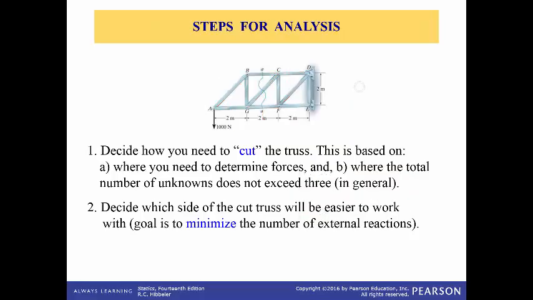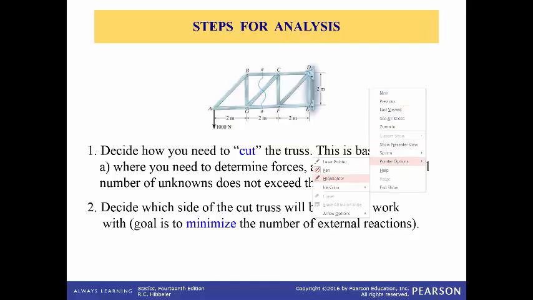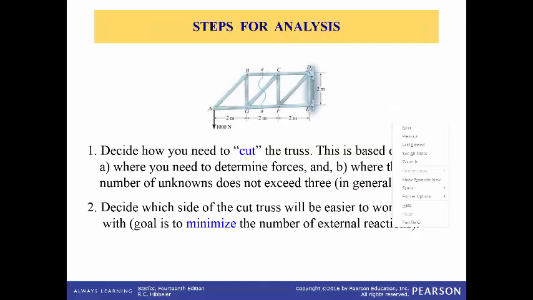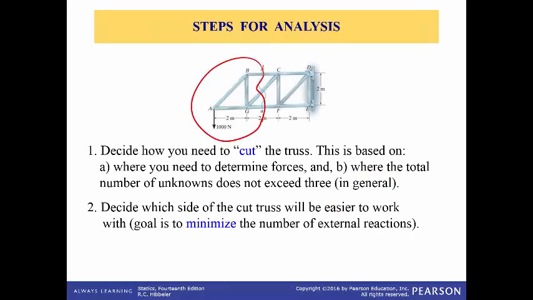In this specific case, where I have my cut AA, I have this section to the right and this other section to the left. So if I choose the section on the left, I don't have to calculate the support reactions, because I'll be working just with the left side. But if I use the right hand side, then I have to calculate the support reactions.